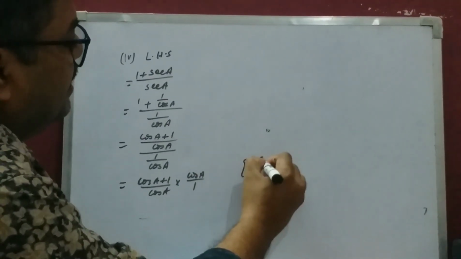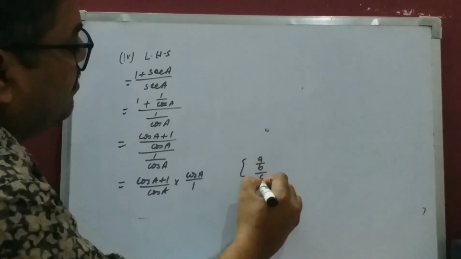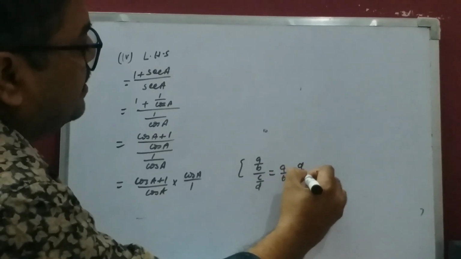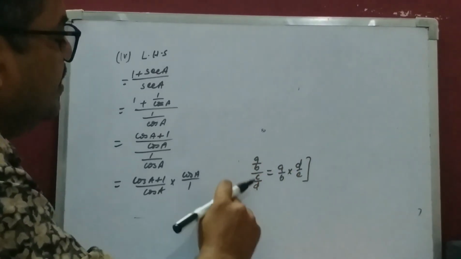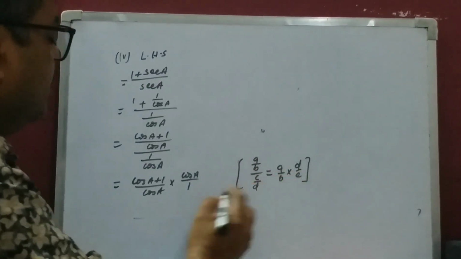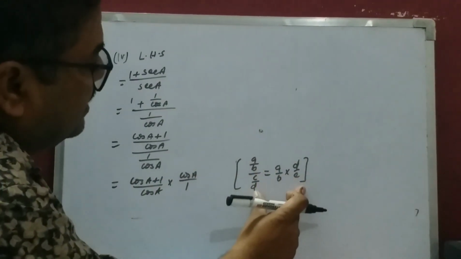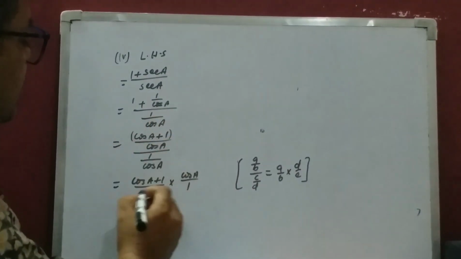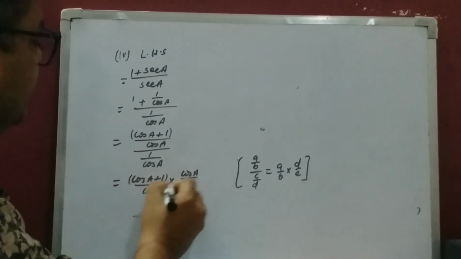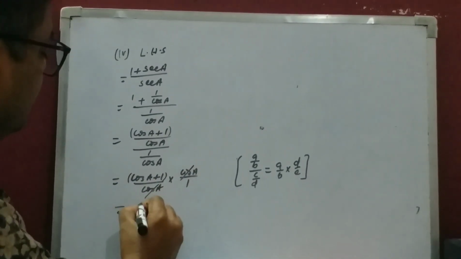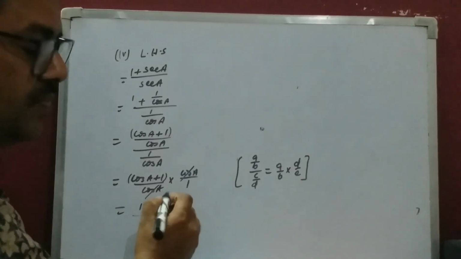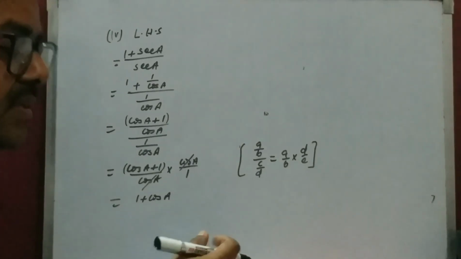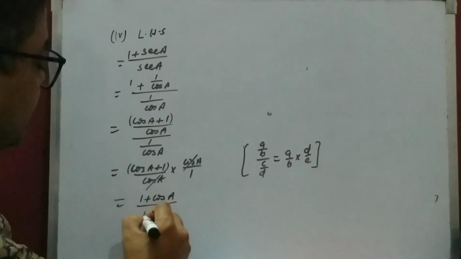As you know that A by B divided by C by D is equal to A by B into D by C. This is the division of fractions. This property is applied here. So this will be crossed out. Now 1 plus cos A, and in your RHS A is written in the denominator, so you will write 1 minus cos A here.